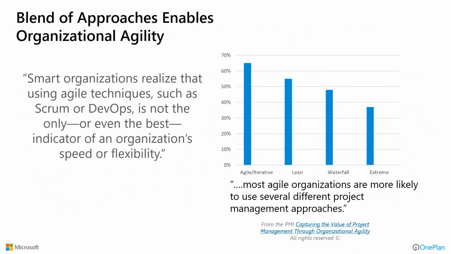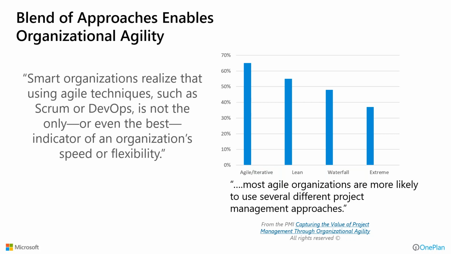And then on top of that, organizations are using different work methods, a blend of approaches. Just because an organization wants some business and organizational agility doesn't mean that everybody has to do agile methods or agile frameworks in the way they do projects.